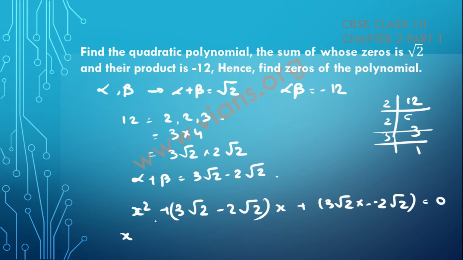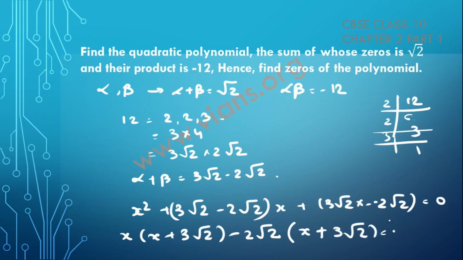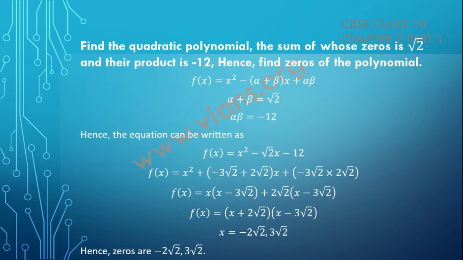I could take x as common from these two, so that would be x plus 3 root 2, minus, I could take 2 root 2 as common from both of them, and that would leave me x plus 3 root 2 is equal to 0. So that would give me x is equal to minus 3 root 2 and 2 root 2. These are the zeros of the polynomial. If you go ahead and see, that's exactly what we found, 3 root 2 and minus 2 root 2.